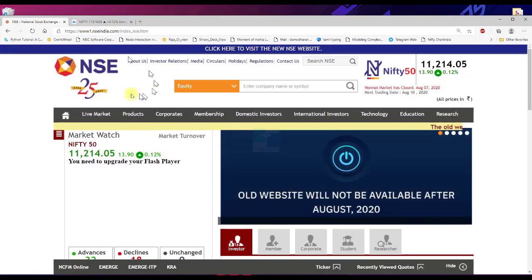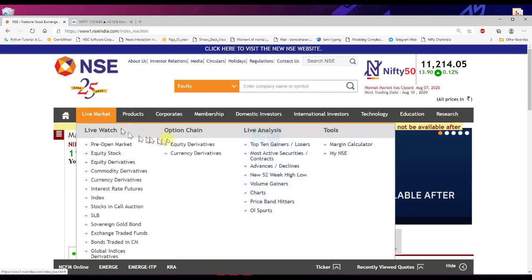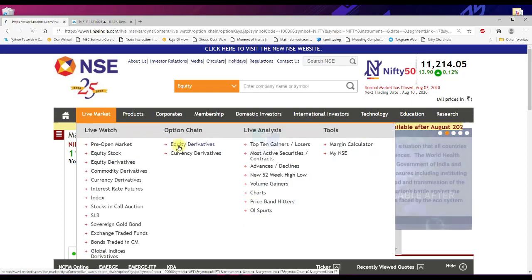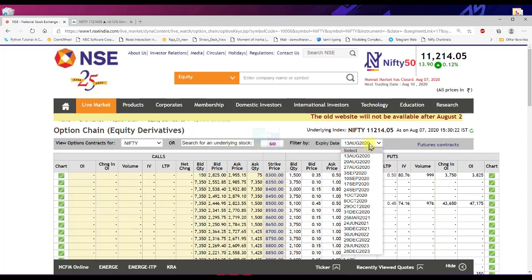This is the NSE website, this is the home page. Here you go to live market, then you can check equity derivatives, where there are all index related derivatives. Nifty is the underlying here, and here some dates will be there. This is the expiry date. Whatever you are seeing will expire on 13th of August.